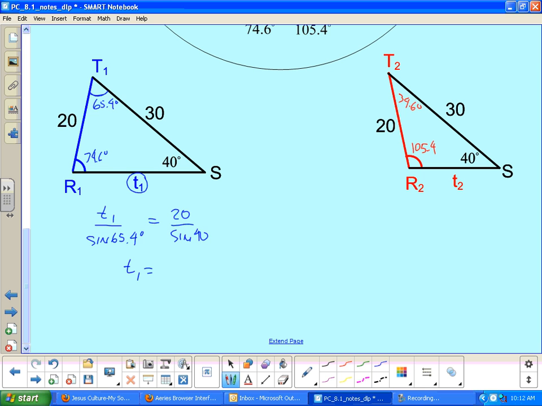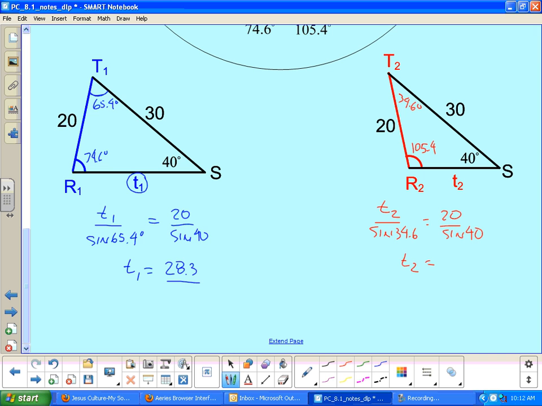Do we get confirmation? 28.3. All right. And we would do the same thing for little t2. And then there's my information for all of these triangles.